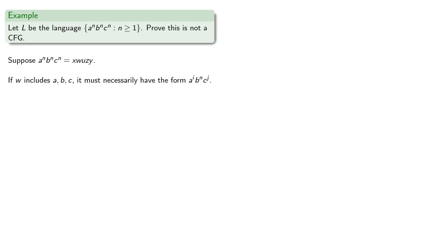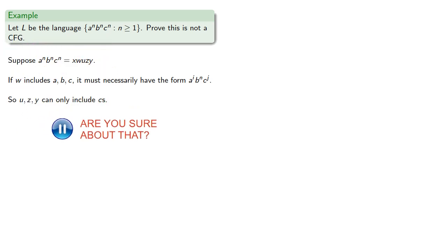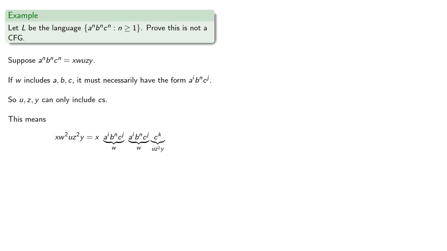And this means U, Z, and Y can only include the C's. This means that if we try to compose x w squared u z squared y, we get x, remember that's some number of a's, followed by our w, followed by our w again, followed by the remaining portion, which must consist entirely of c's.